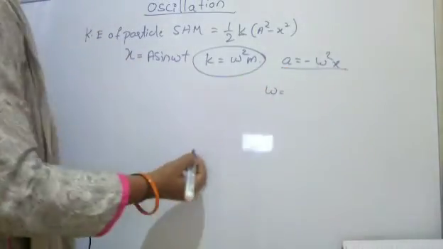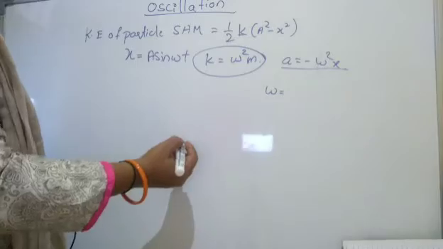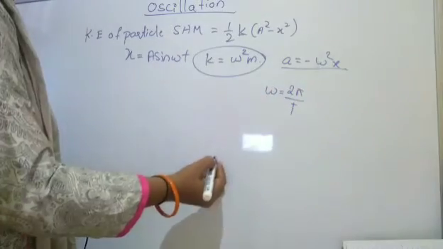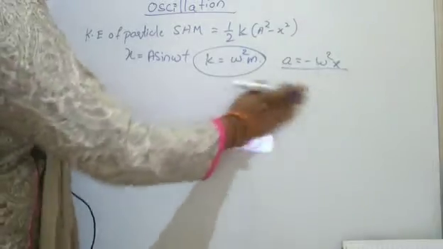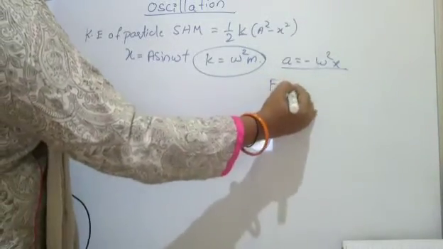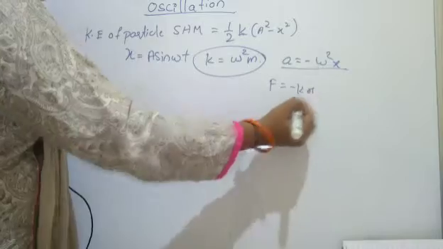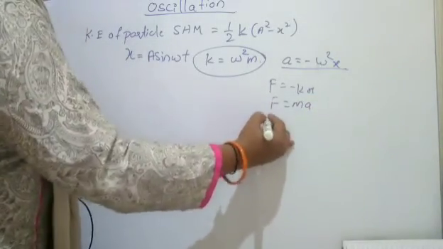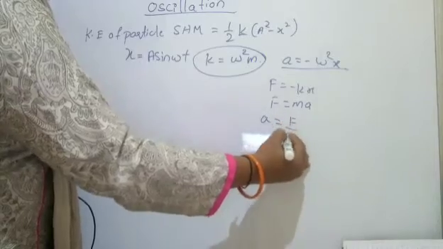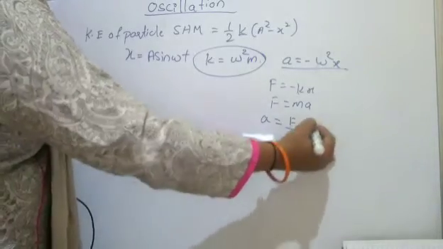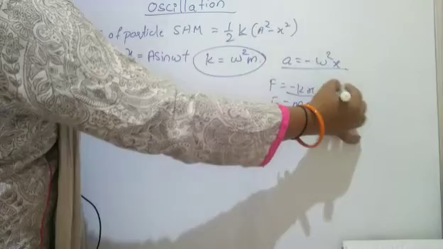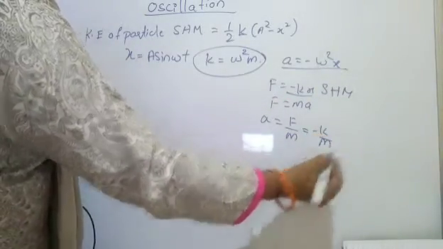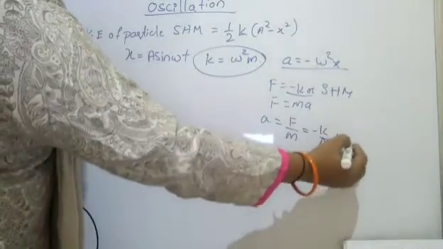We have taken it with the help of 2 pi by T. Or else we can take it in the form of F is equal to minus kx as a simple harmonic motion, where F is equal to m into a, where a is equal to force by m. Force in terms of simple harmonic motion is minus k by m into x.